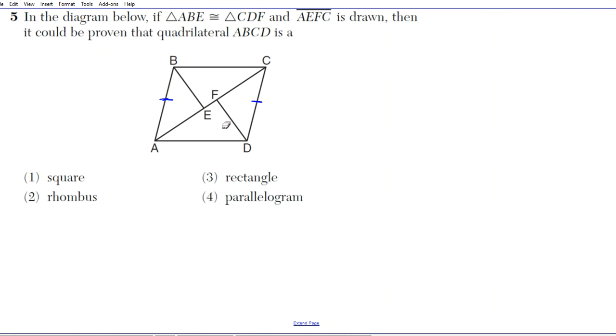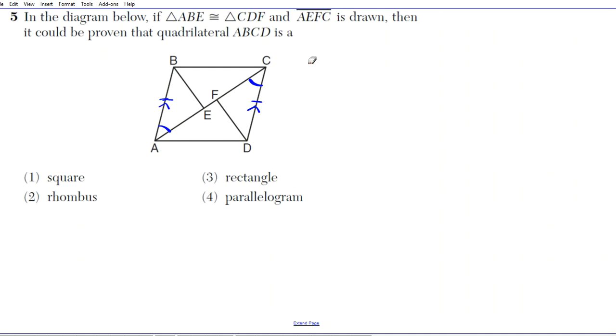Since they are congruent, this angle corresponds to that angle. And if you look at this quadrilateral, these are alternate interior angles. So if alternate interior angles of a transversal going through two lines are congruent, it follows that these two sides are parallel.